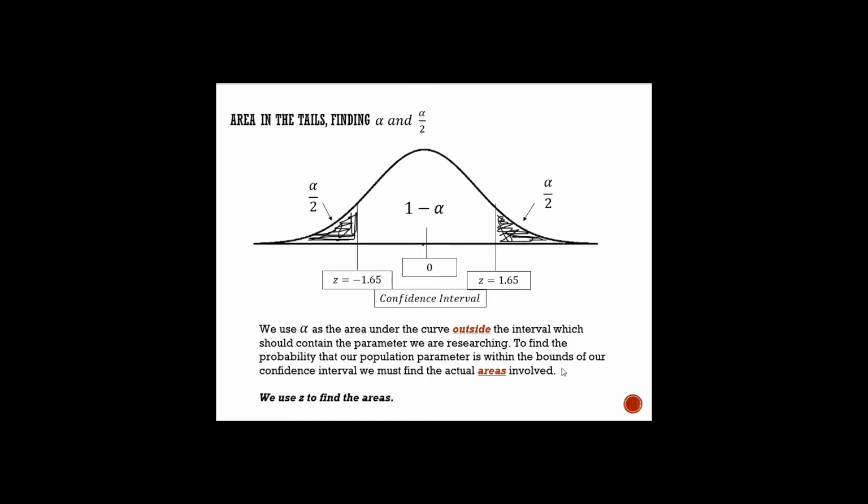So alpha divided by 2 is in each tail of the curve, and the inside, our confidence interval, where we're pretty certain our population parameter resides, is 1 minus alpha. Now, the confidence level will help us determine how big alpha and alpha divided by 2 actually are. In other words, how big are these areas in the tail, and that'll help us determine what those z-scores are.